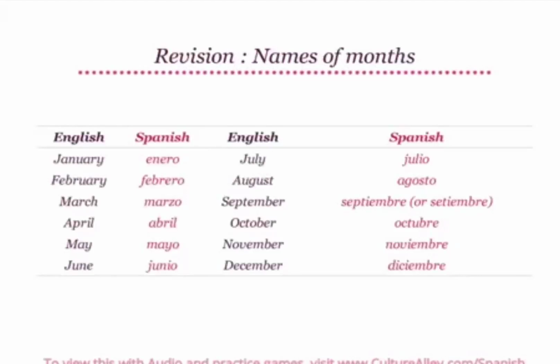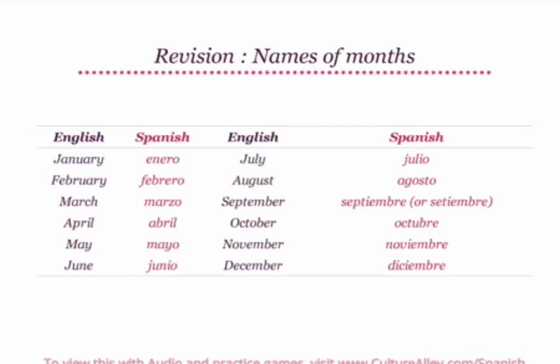Let's revise all that we learned today. January translates to enero. February becomes febrero. March is marzo. April is abril. May will become mayo. June is junio. July translates to julio.